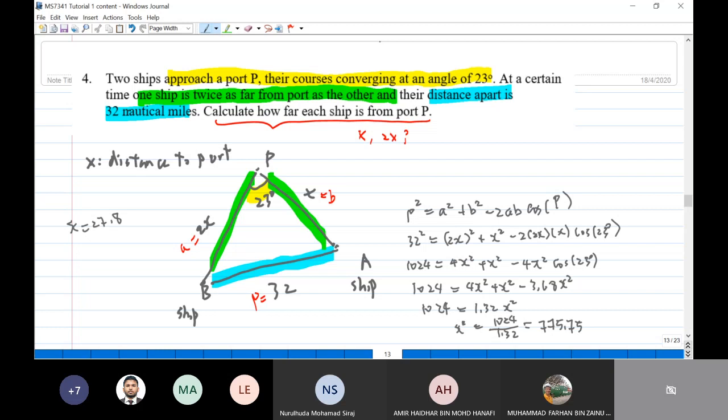This is actually nautical miles. All the units are the same, so you can find 2x also. So x equals 27.8, then times 2, you get 55.7.